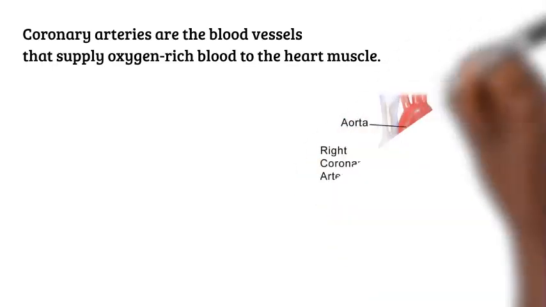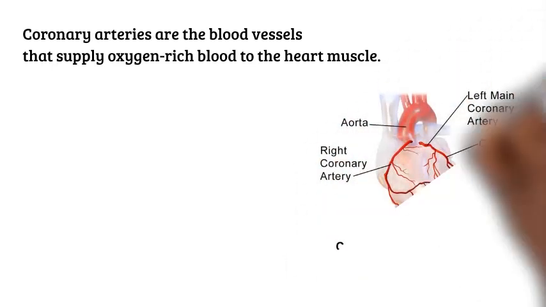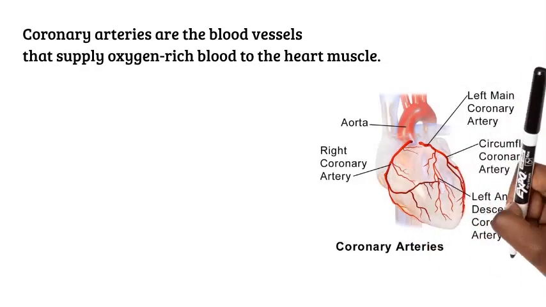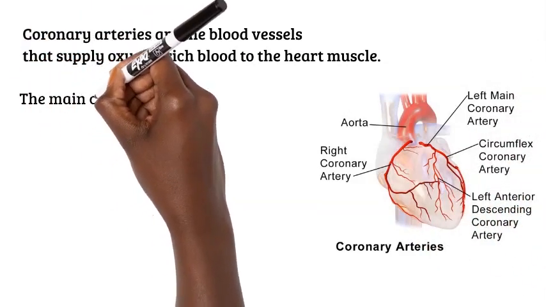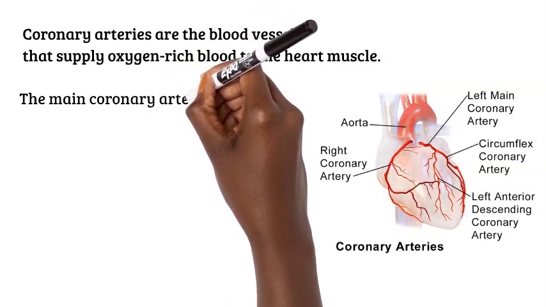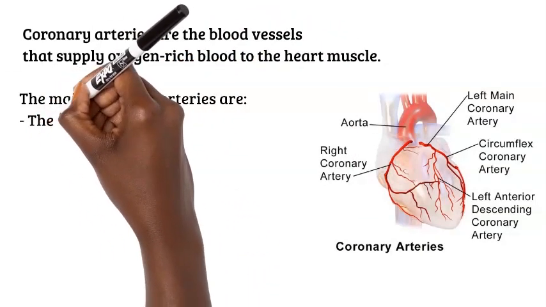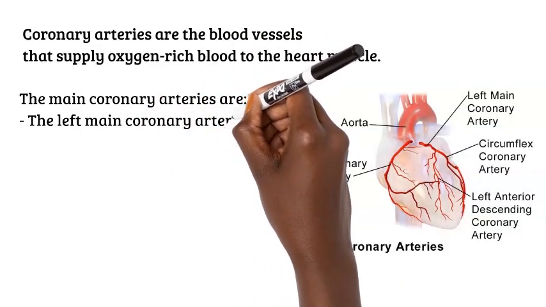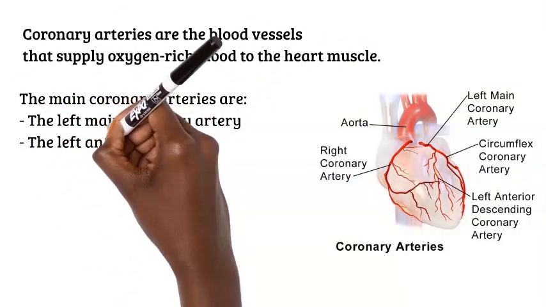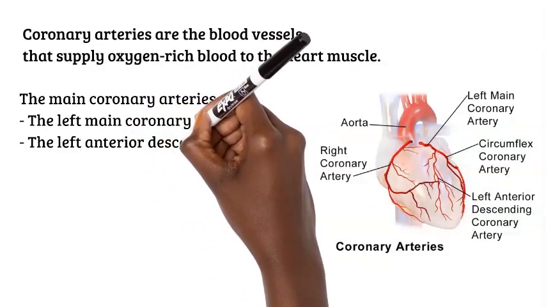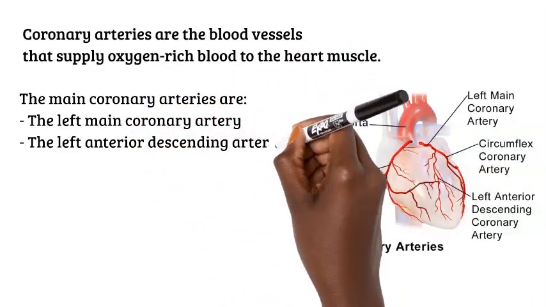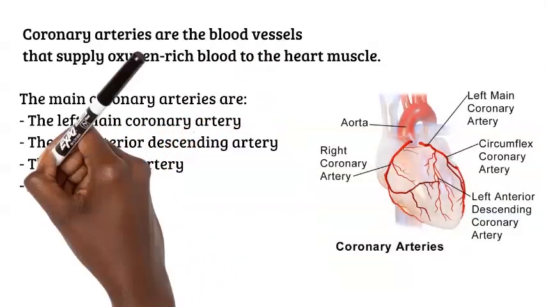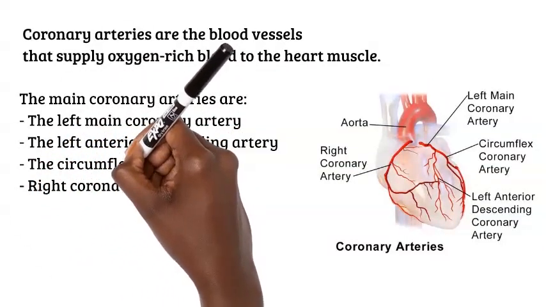The main coronary arteries are the left main coronary artery, which supplies the left side of the heart muscle. We have the left anterior descending artery, which supplies blood to the front of the left side of the heart. We also have the circumflex artery, which supplies blood to the outer side and back of the heart.